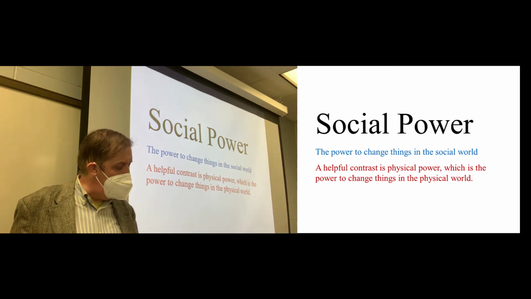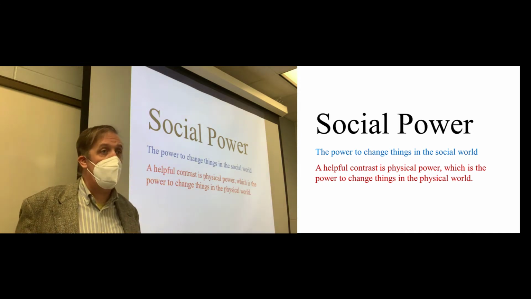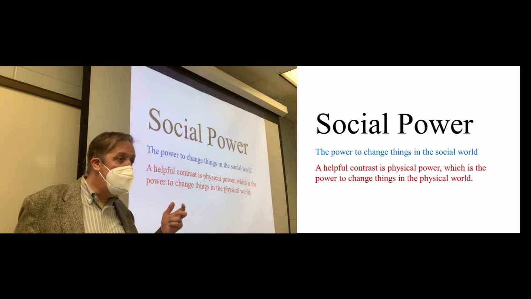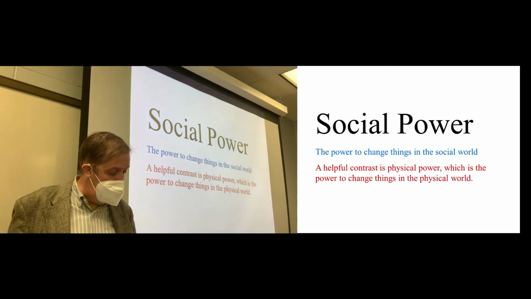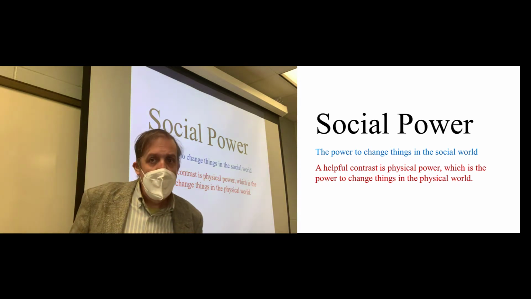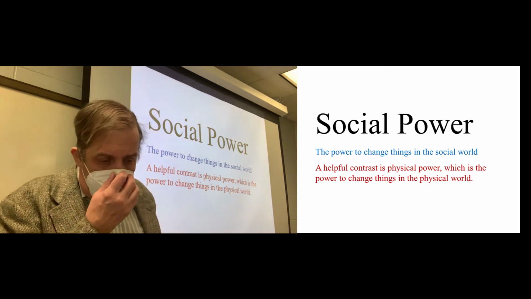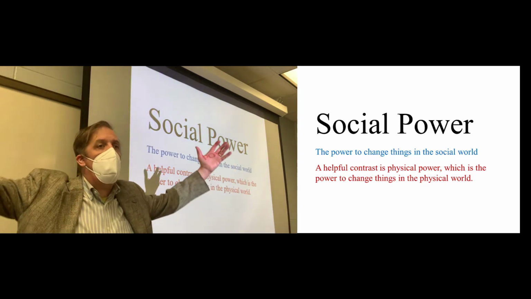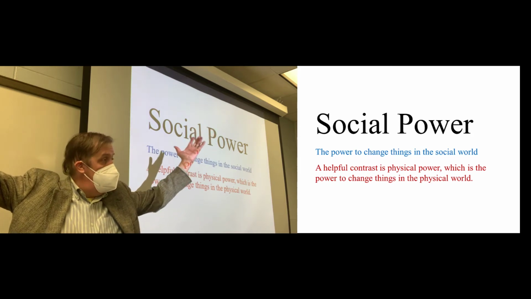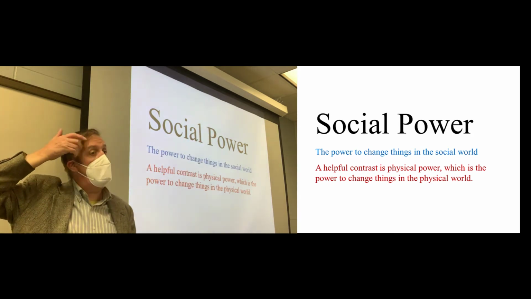Direct control over the value of money is much harder, as anyone who's tried to fight inflation or do any kind of macroeconomic intervention knows. All right. So this is our huge level concept, social power. It's the power to change social reality.